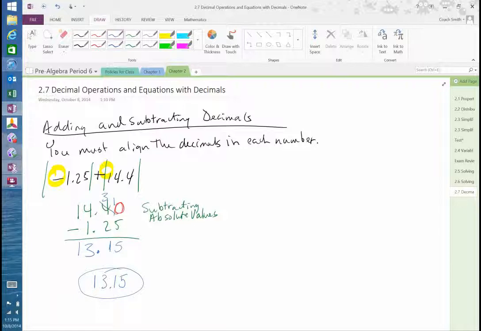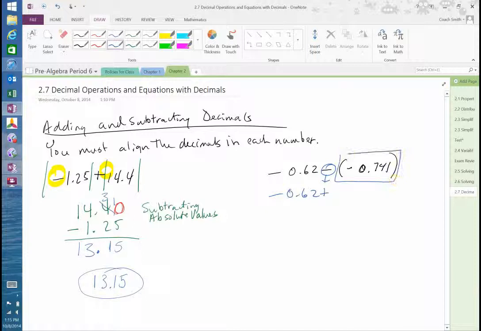Okay, now let's look at a subtraction one. Let's look at this one here, negative 0.62 minus negative 0.741. Okay, well first we have to follow our rules, which says change that to addition, do the opposite of that number.